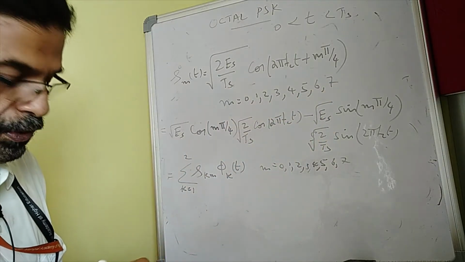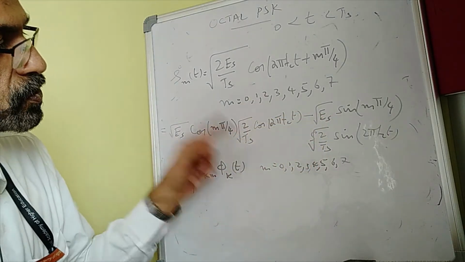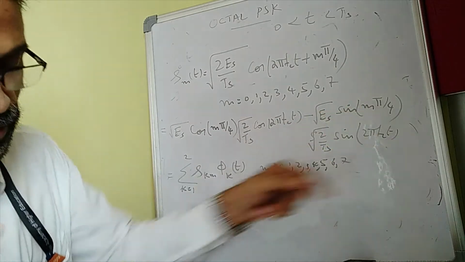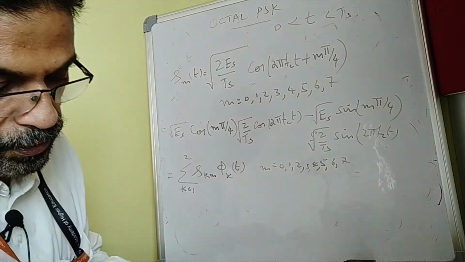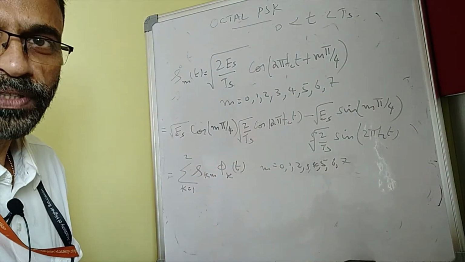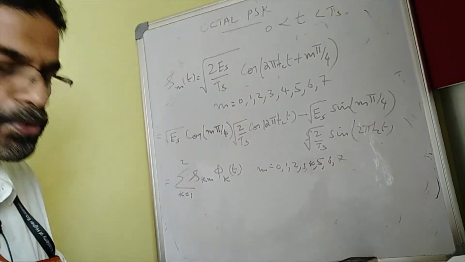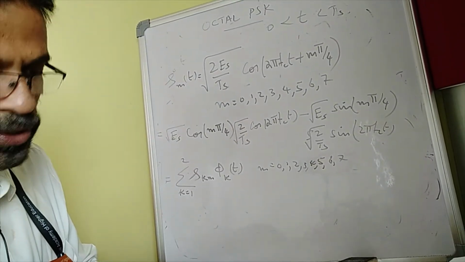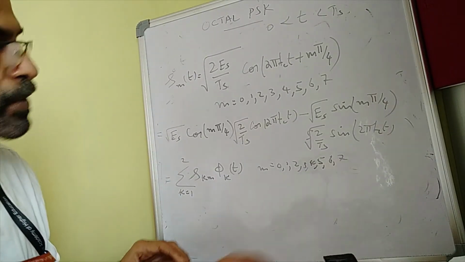And again we will call phi1(t) the in-phase carrier component, and this becomes the quadrature carrier component. The signal space will be two-dimensional because there are two basis functions, in-phase and quadrature, and the constellation will have 8 points because there are 8 signals here, and we can quickly draw that.